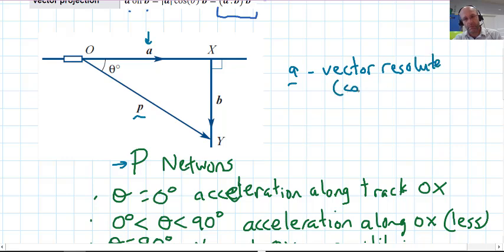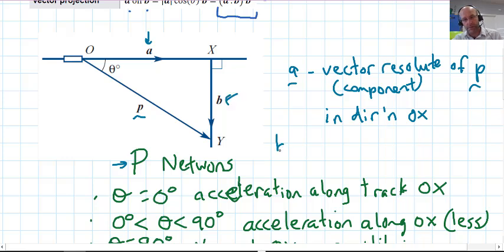Sometimes the word component is used. A is the vector component of P in direction OX. That makes B the perpendicular resolute. So B is the perpendicular resolute of vector P in that given situation.